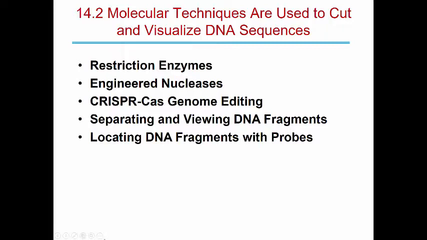So we can use a variety of different types of products. Restriction enzymes, which are naturally occurring in bacteria. Engineered nucleases, which cut DNA and are designed by scientists, so they have some flexibility over the sequences involved and where these enzymes cut.